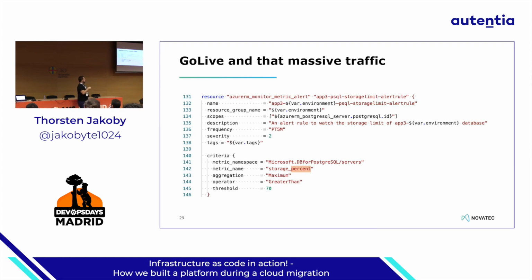You can use Terraform to create rules. For example, the rule here: if more than 70% of storage is already reserved, inform us, because probably that's a problem, right? And there are many more options for using Terraform to take preventive action.